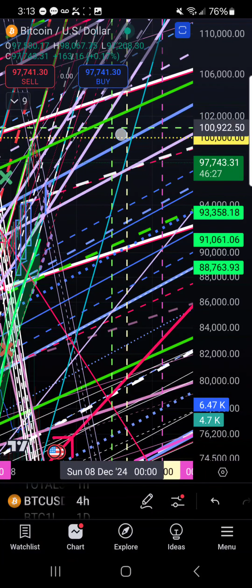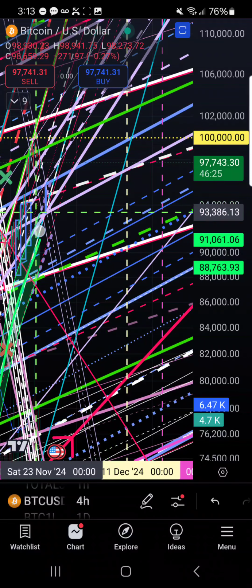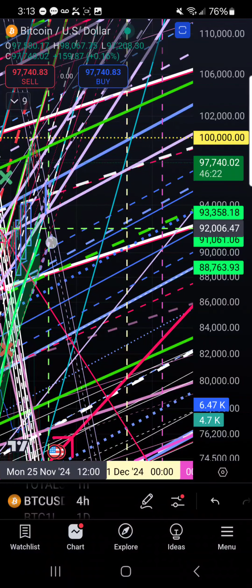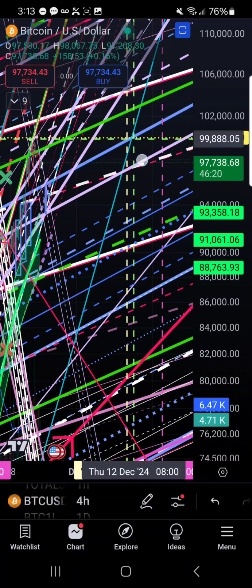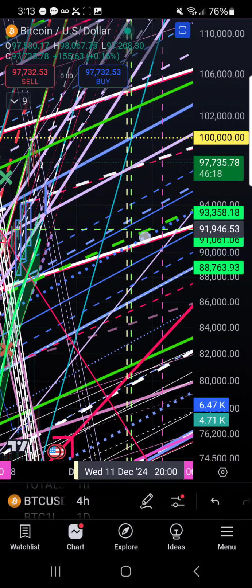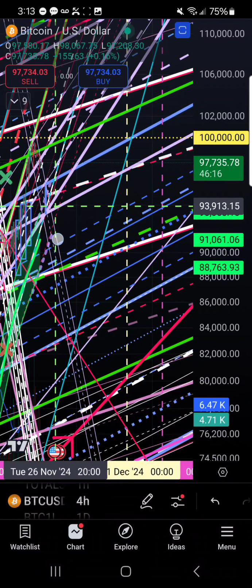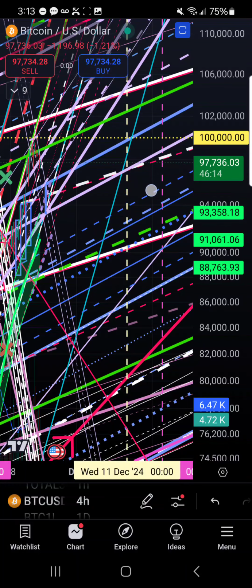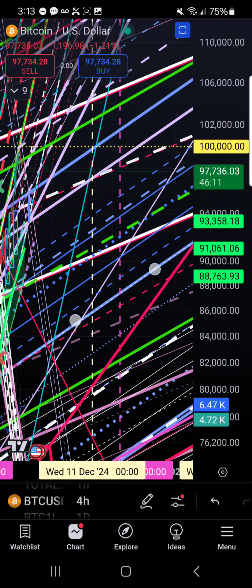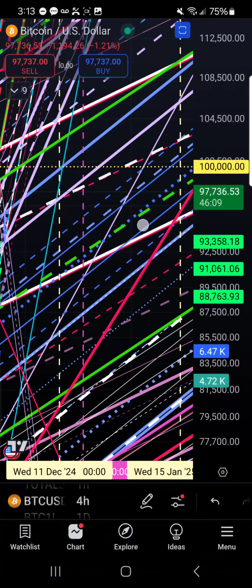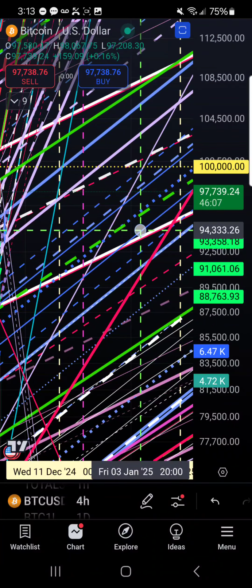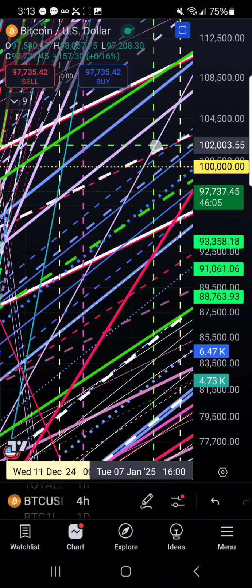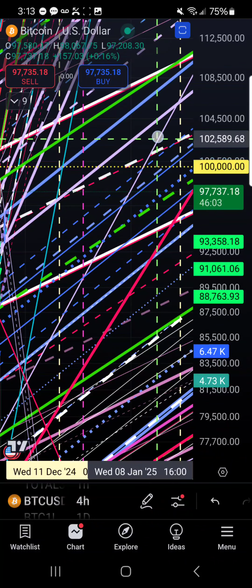And I think we can probably continue oscillating in this channel, maybe even forming an ascending triangle right here in this area. Could very well be the case. And if that were the case, it could be a breakout in January.